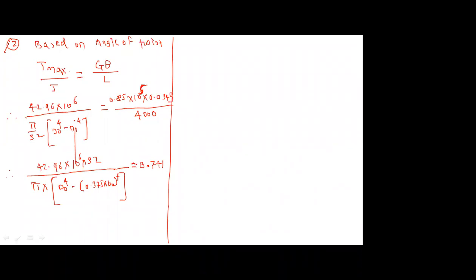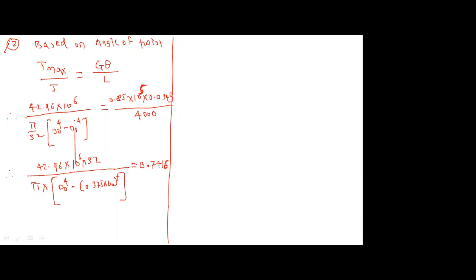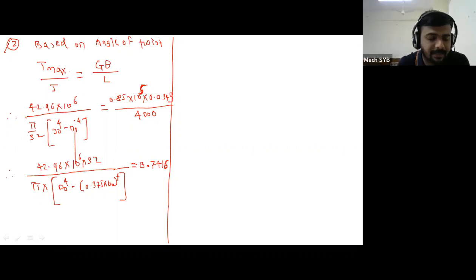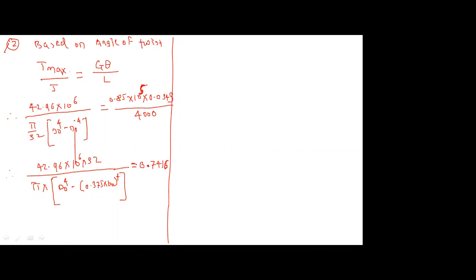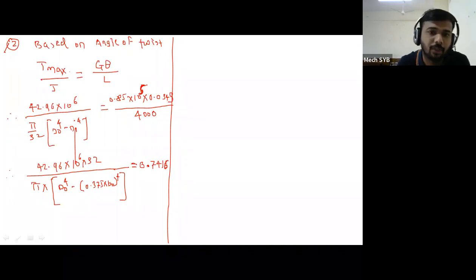Please check it once again. 0.7416. I think the 10 raised to minus 3 term is not coming. Check it once again. I think that due to the 10 raised to 6, the answer is different. Make it 0.85 into 10 raised to 5. 0.7416. This is the final answer.